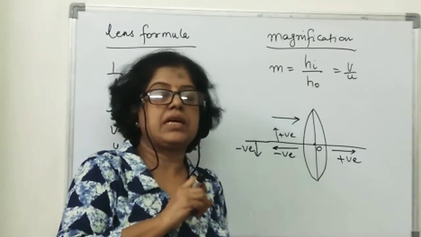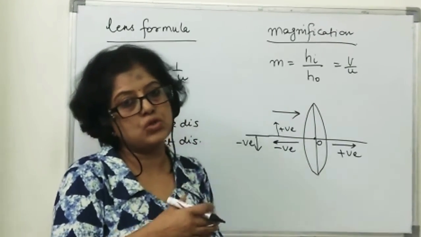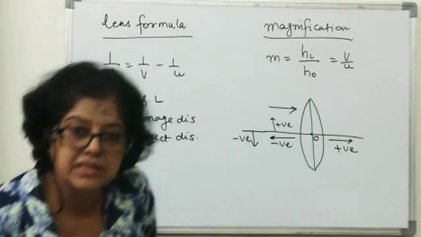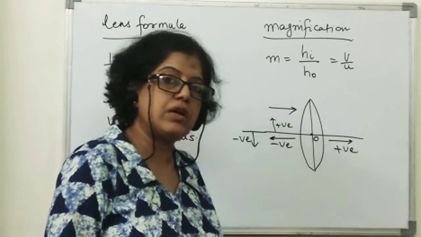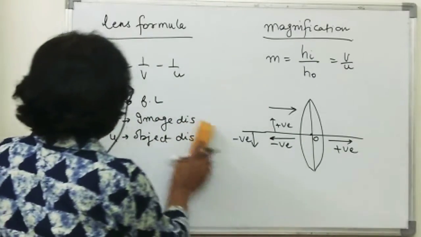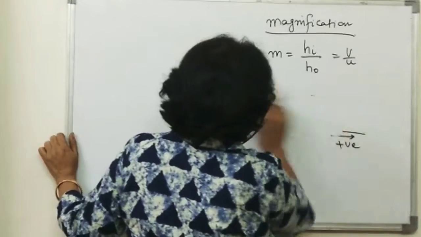So based on these sign conventions, what sign can we assign to u, v, f, ho, hi, etc.? Already we have discussed this for mirrors, but we'll quickly revise it for lenses as well. I'll redraw this diagram for you.